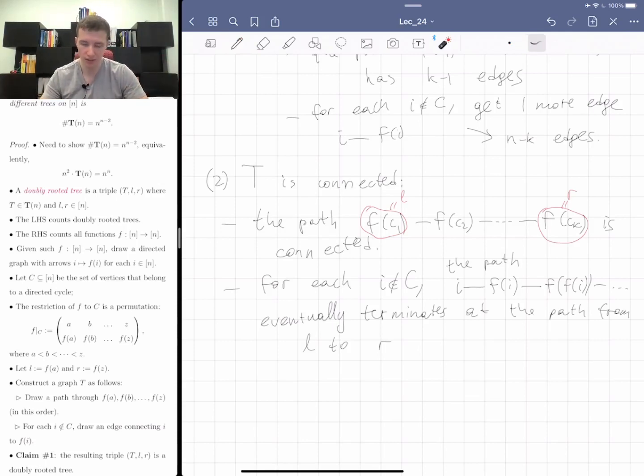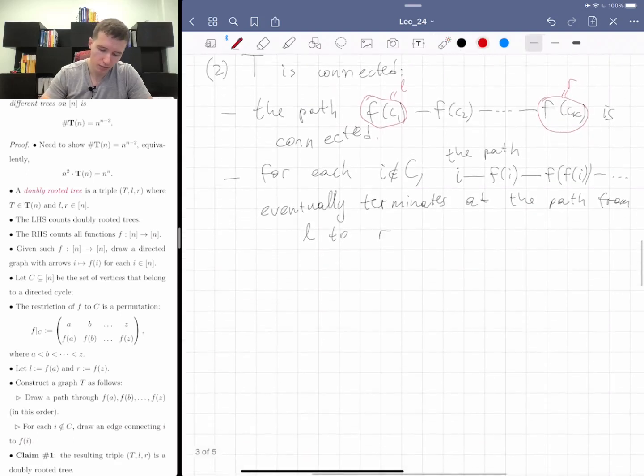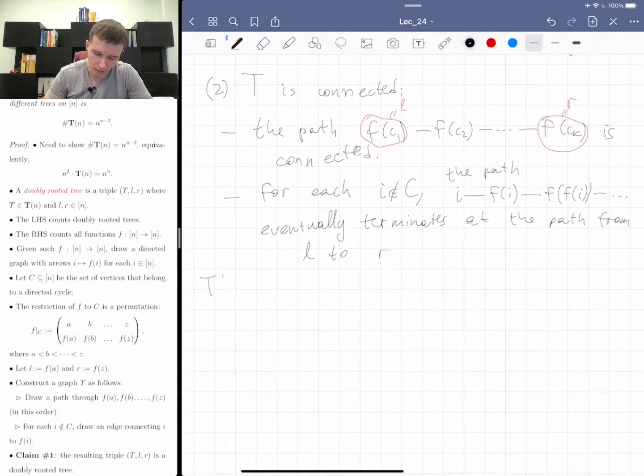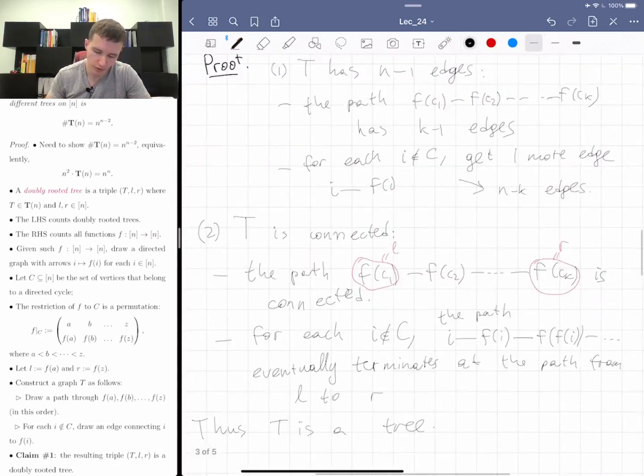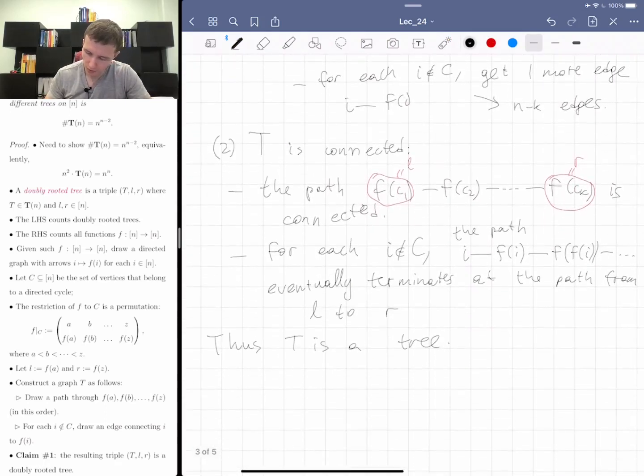So the whole graph is connected, and thus T is a tree, which proves the first claim.